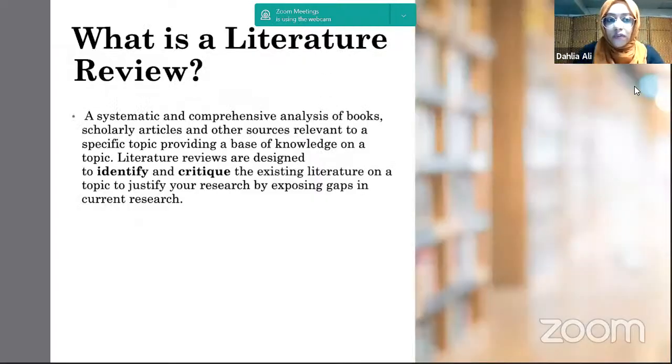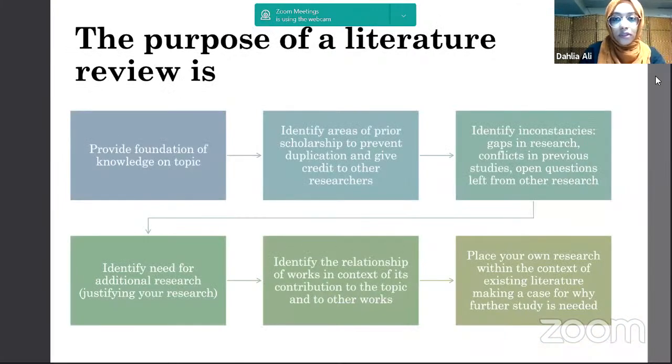The definition of a literature review is a systematic and comprehensive analysis of books, scholarly articles, and other sources relevant to the specific topic, providing a base of knowledge on the topic. Literature reviews are designed to identify and critique the existing literature on the topic to justify your research by exposing gaps in the current research. And what is the purpose of a literature review?